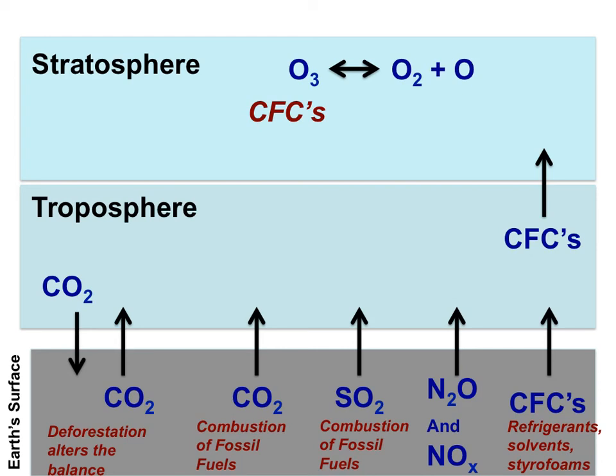Humans add CFCs to the atmosphere when we use air conditioners, refrigerants, and solvents, and manufacture styrofoam products. CFCs transfer from the troposphere to the stratosphere, where they accelerate the breakdown of stratospheric ozone.